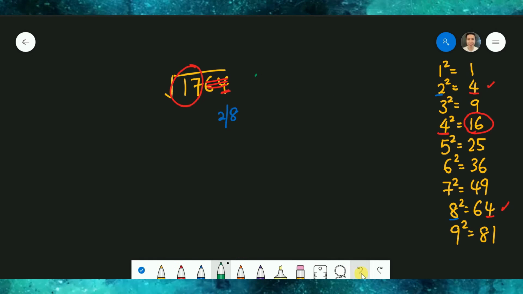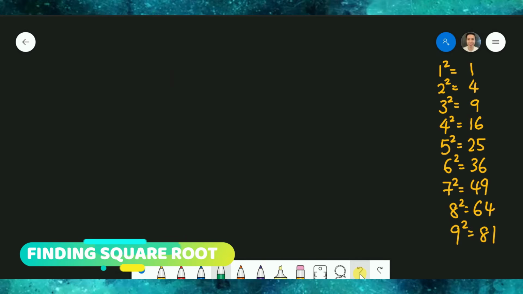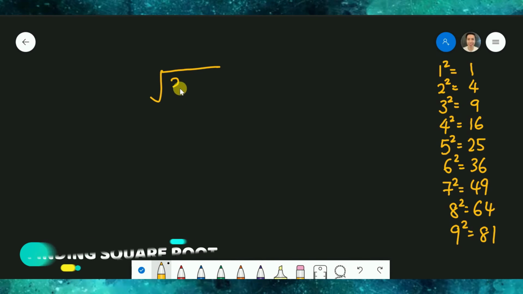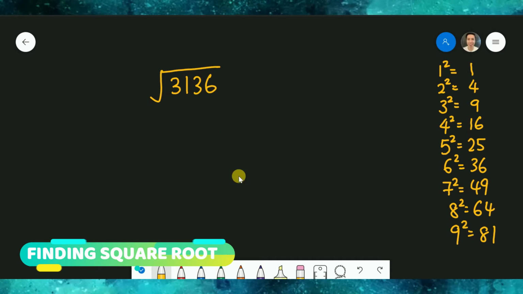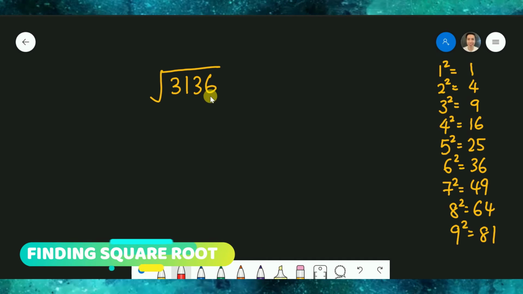So I will give you the last example, then you'll see more clearly. Our last example here will be the square root of 3136. The same step here, we need to see the last digit 6. From your right hand side list, you can see this one and this one will give you 6 at the back.